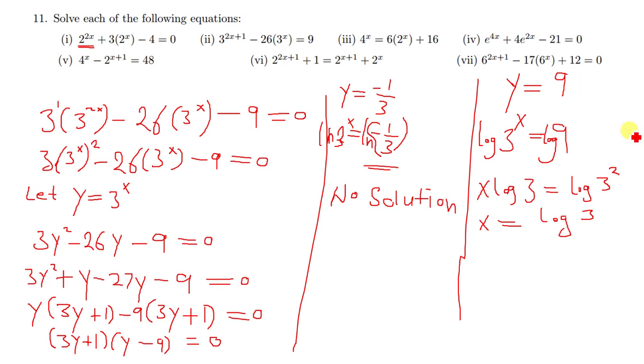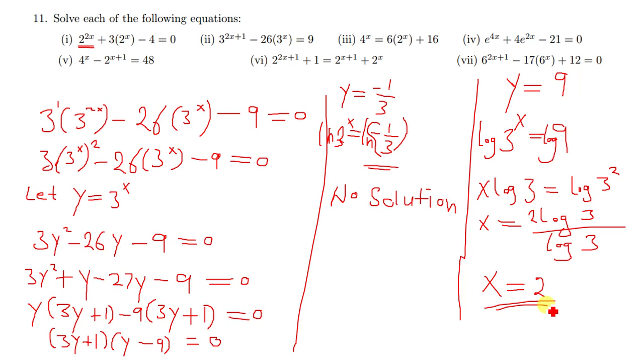So these two can come down this side, so meaning it's going to be 2 log 3, and then I'll divide everything by log 3. Hence I'm going to have my value of x to be equal to 2. So x there is just going to be equal to 2.